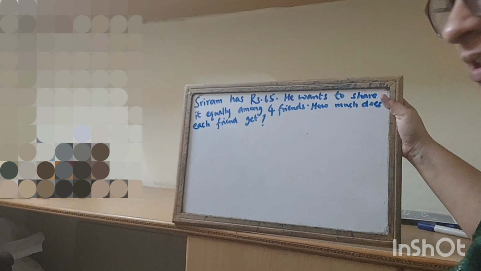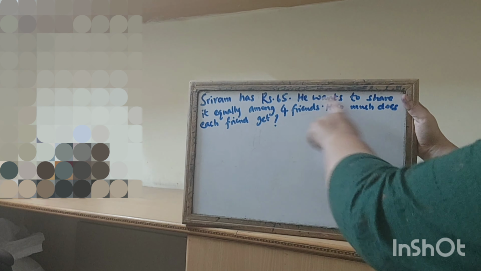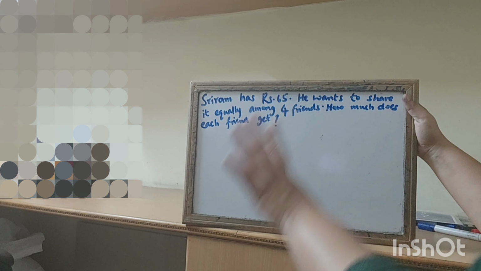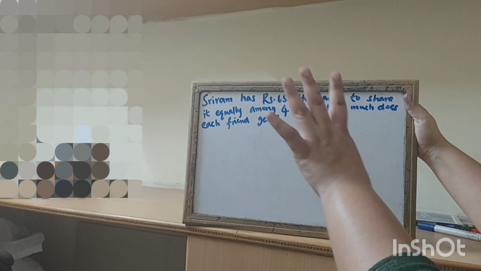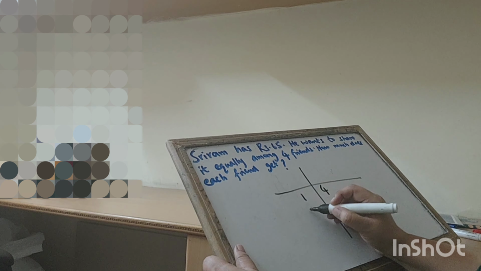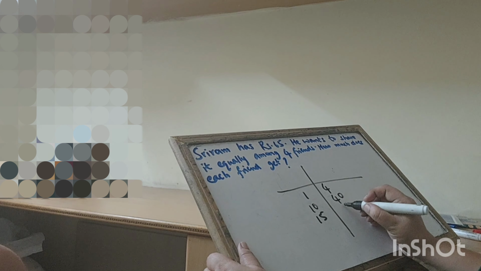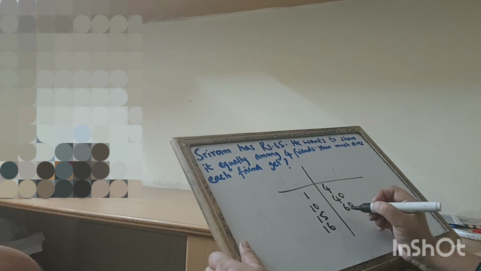We are looking at a third situation. Now Shriram has 65 rupees and he wants to share it equally among 4 friends. Okay? How much does each friend get? So this is exactly similar to the last one. If he gives 1 rupee to each friend, he will spend 4 rupees. If he gives 10 rupees to each friend, he will spend 40 rupees. 15 rupees, he will spend 60.